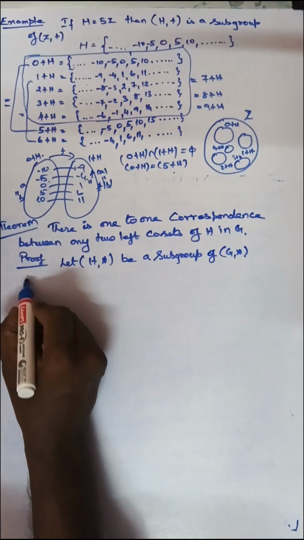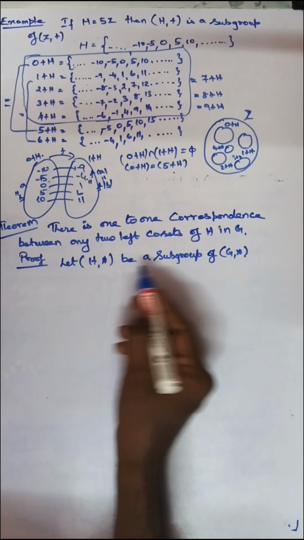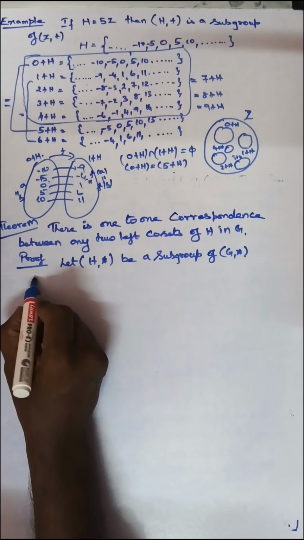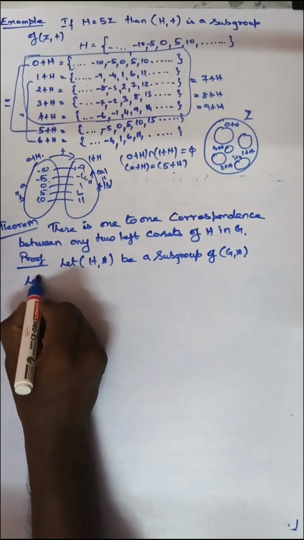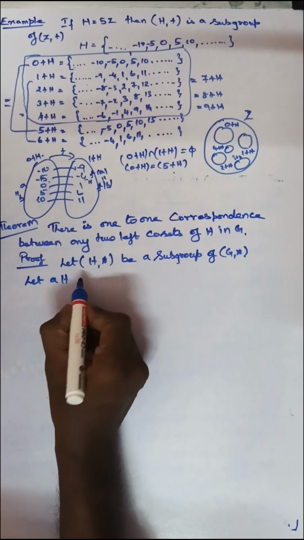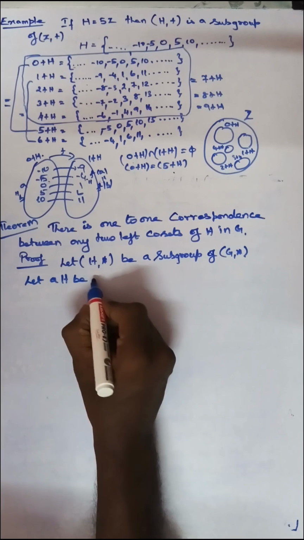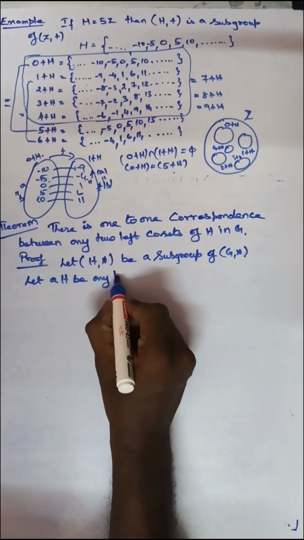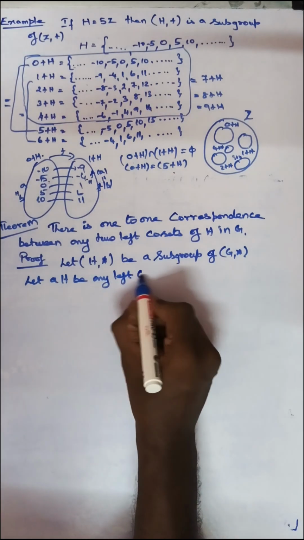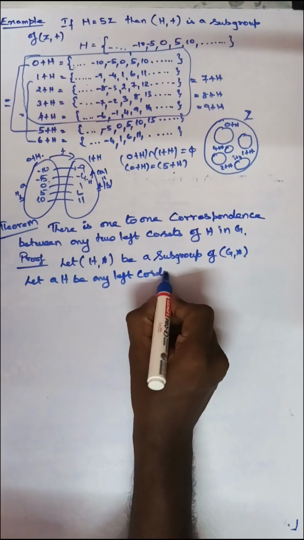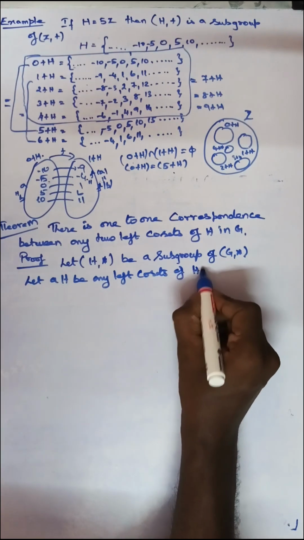Let us consider a left coset AH to be any left coset of H in G.